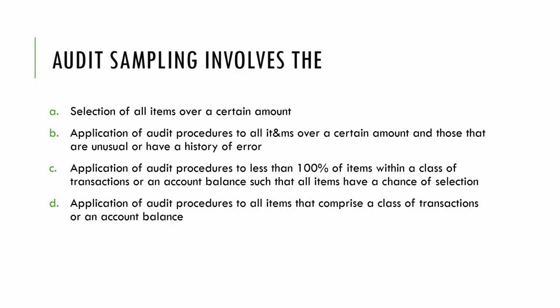That should be to all items over a certain amount, and those that are unusual or have a history of error, against specific selection. That's letter B. Letter C, application of audit procedures to less than 100% within a class of transaction or account balance such that all items have a chance of selection. This one, letter C, then represents audit sampling.